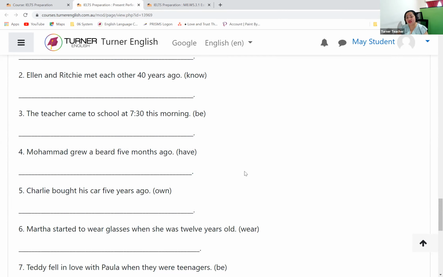Yes, Isan, or has grown, because you guys use this. You didn't change it with have. Yes, Isan, what's your question? Sorry, I found it. Okay, no worries. So Muhammad has had a beard for 5 months. Yes, because the past participle of have is had. Oh, okay. Makes sense now.